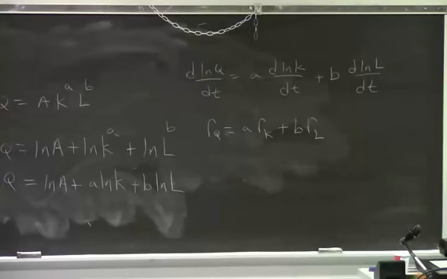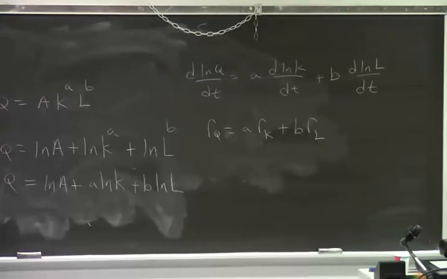Okay. The growth rate in output is just that parameter a times the growth in capital plus b times the growth rate in labor. So this is kind of an approach that Robert Solow used in his study of economic growth in the U.S. He assumed, well, let's assume a Cobb-Douglas production function for aggregate output.